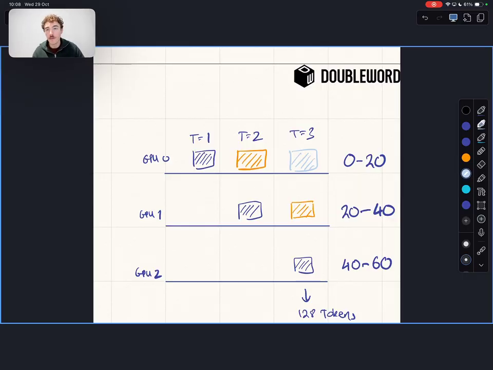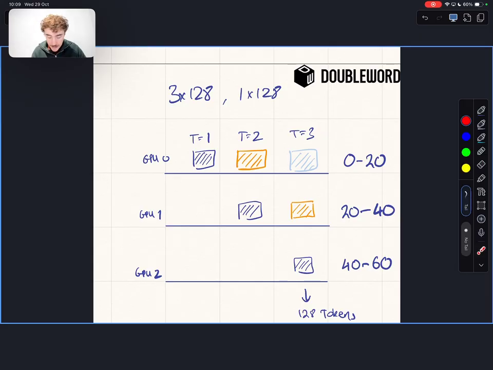I'm not wasting GPUs. They're not sitting idle. They're processing all of these requests in parallel. So now I'm able to service 3 times 128 people instead of 1 times 128 people, and you're making efficient use of your GPUs.